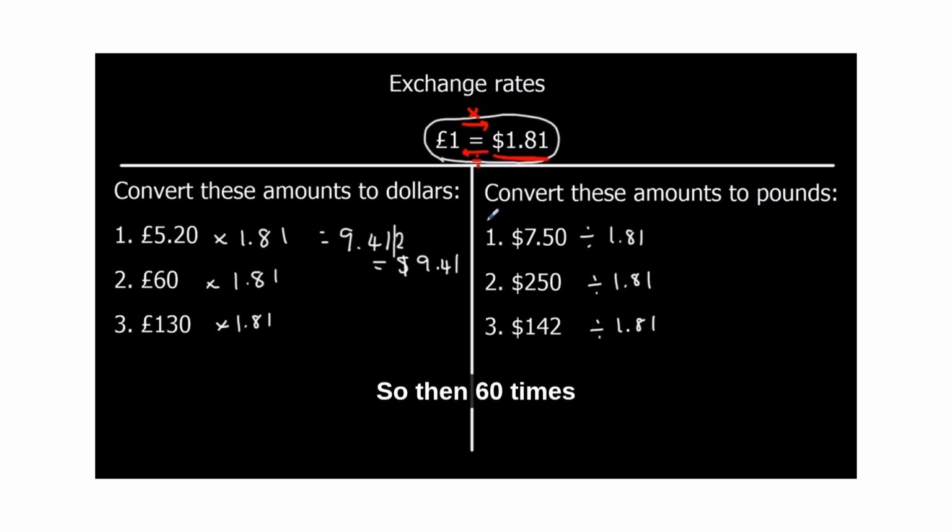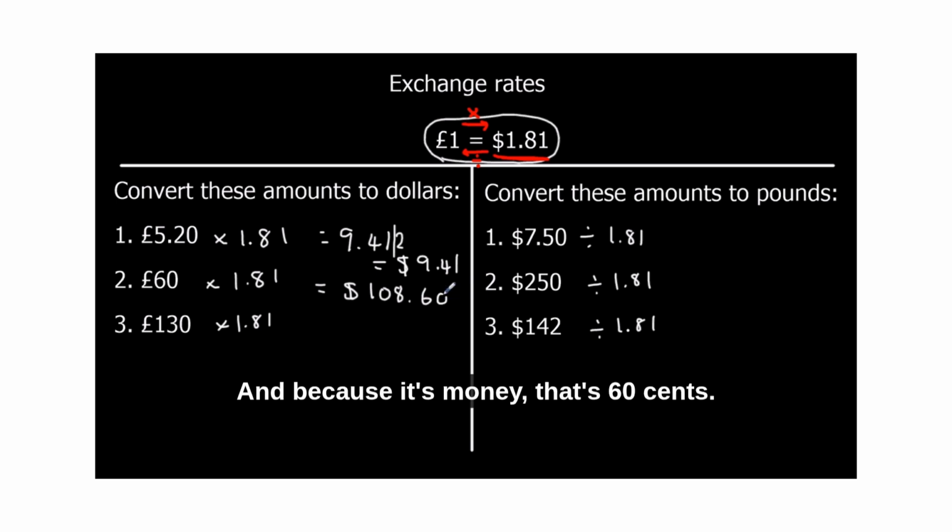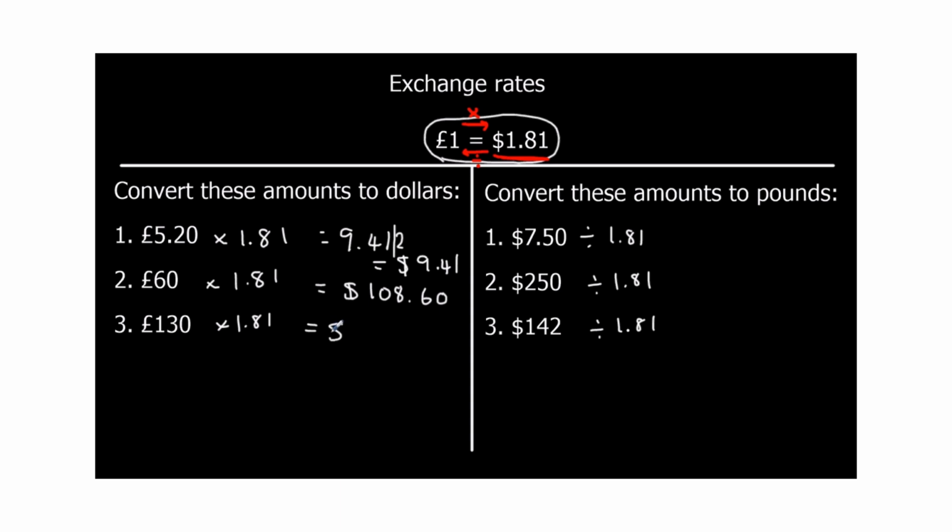Then 60 times 1.81 gives us a nice round number, $108.60, because it's money, that's 60 cents. And then 130 times 1.81 is 235.3, so $235.30.